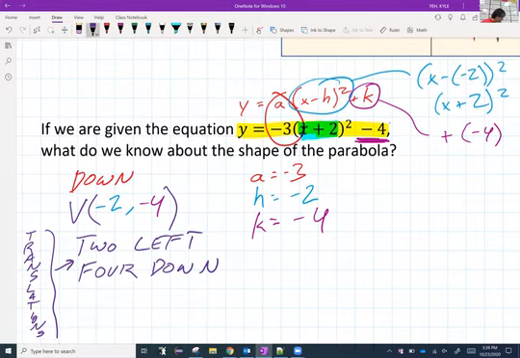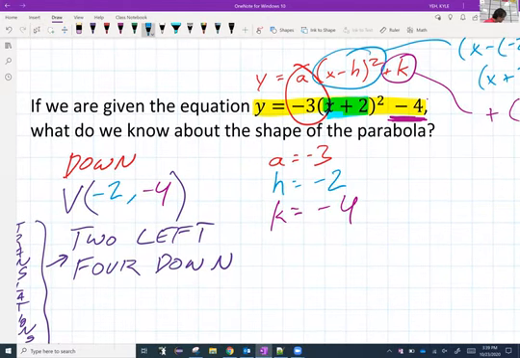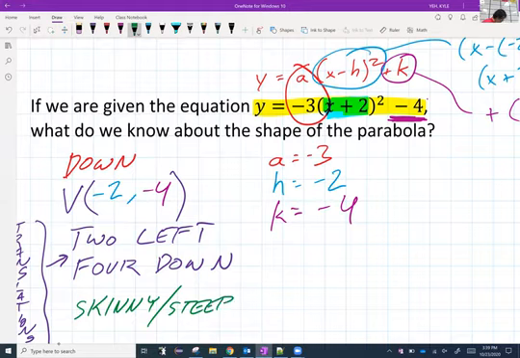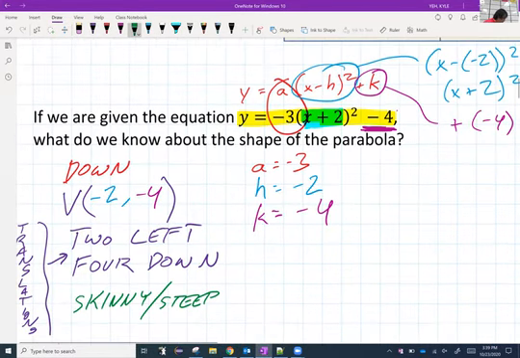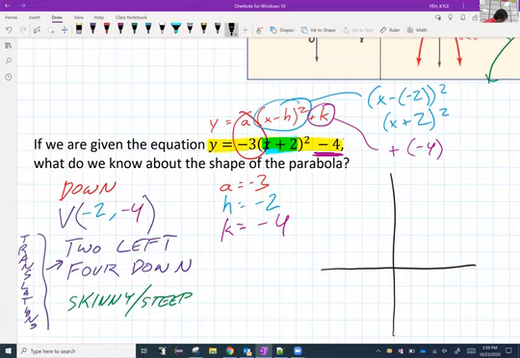We know it's opening down, and we also know that it's going to be a skinny, steep parabola. If I were just totally guessing, here's what I would expect. 2 left, 4 down.